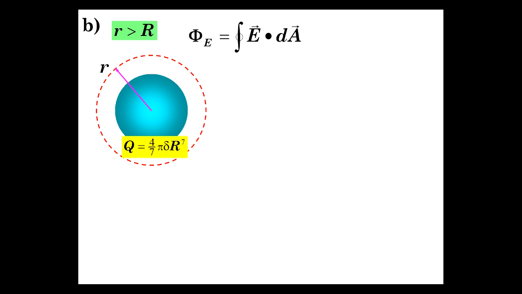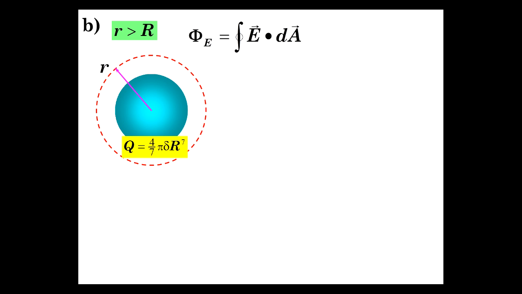Well, you should be getting used to the fact that when we look for the electric field outside of the object, it gets easier because we're enclosing all the charge. So here's our Gaussian surface, enclosing all the 4/7 pi delta R to the 4th charge, R to the 7th charge, sorry.